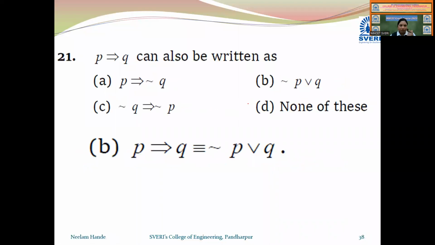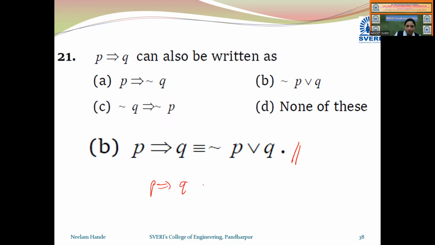Okay. P implies Q can also be written as B: negation P or Q. Ma'am, B is correct. Think first, the answer can be wrong. Why are you saying negation P or Q? Is it standard? Conditional law, ma'am. What does the conditional law say?